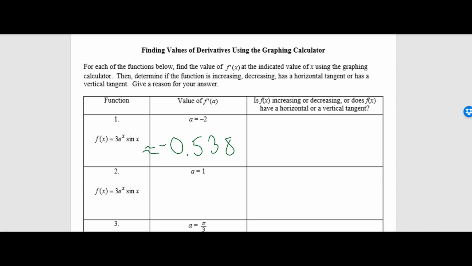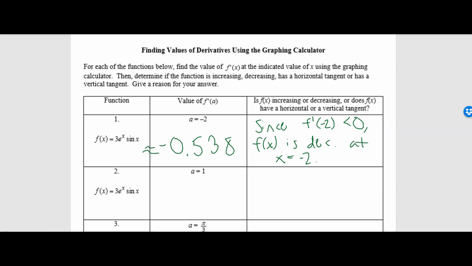Well, if our derivative is negative, that means the tangent line has a negative slope, which means the function is decreasing. Since f prime of -2 was less than 0, f of x is decreasing at x equals -2.